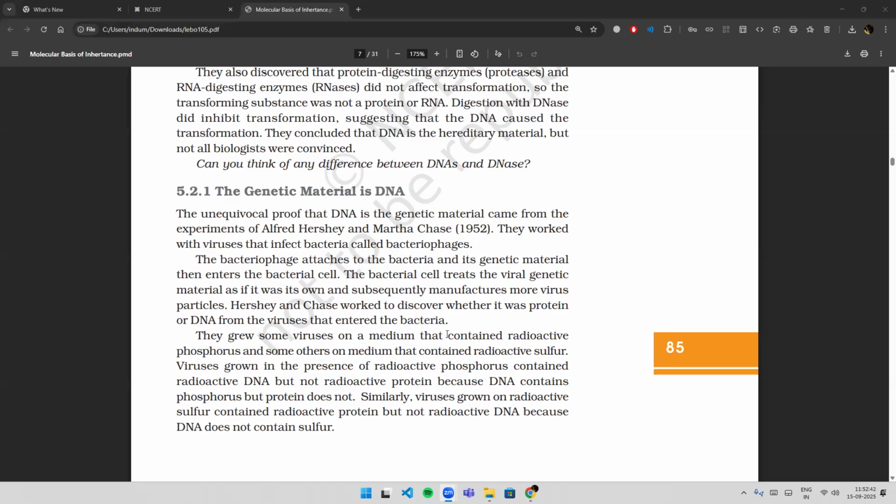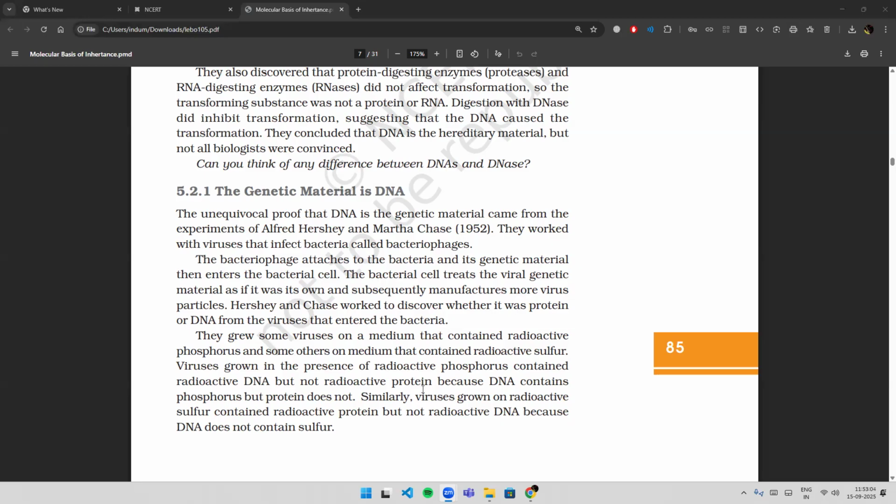They grew some viruses on a medium that contained radioactive phosphorus and some others on medium that contained radioactive sulfur. Viruses grown in the presence of radioactive phosphorus contained radioactive DNA but not radioactive protein, because DNA contains phosphorus but protein does not.